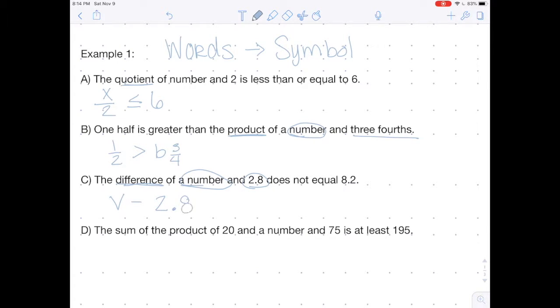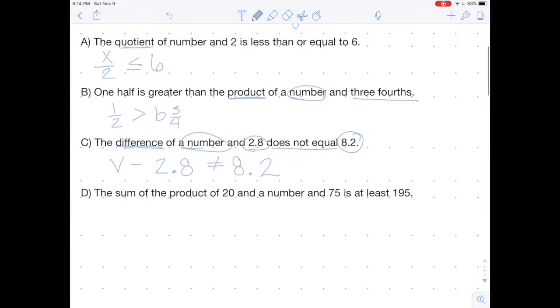So the difference of a number and 2.8 does not equal, so the sign for that is an equal sign with a slash through it, does not equal 8.2. There we go.